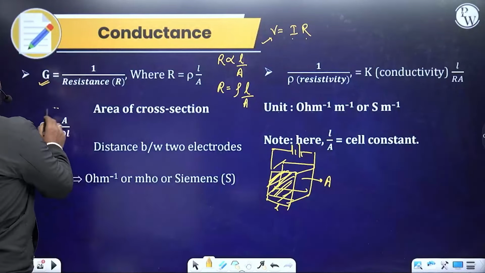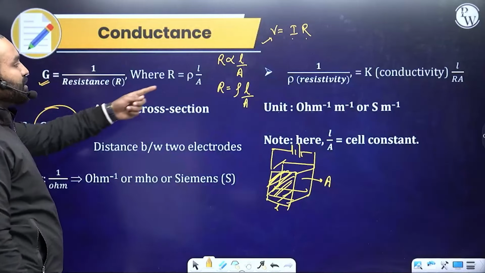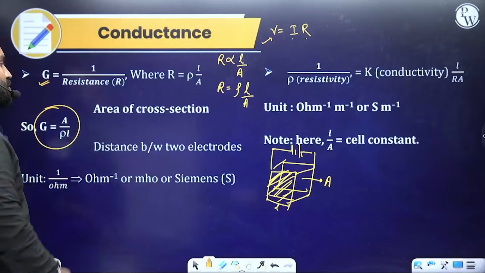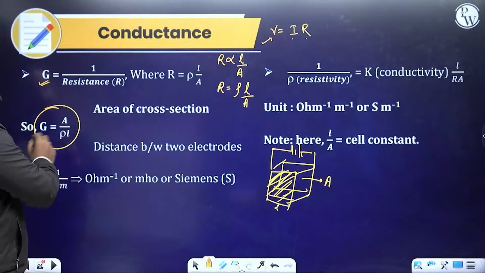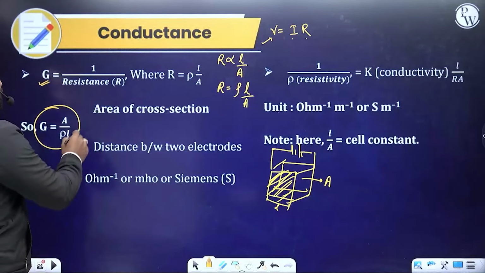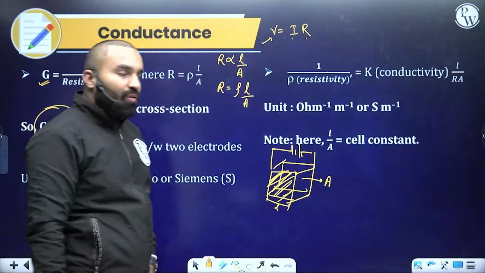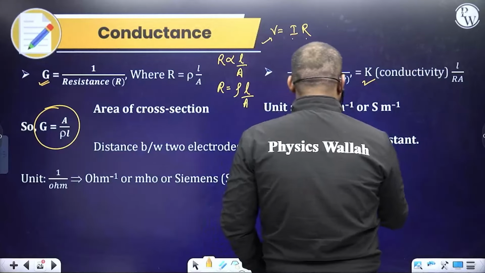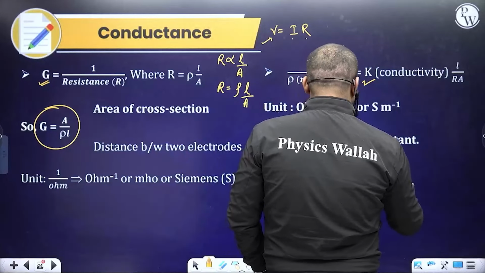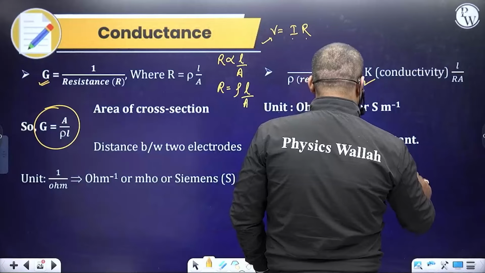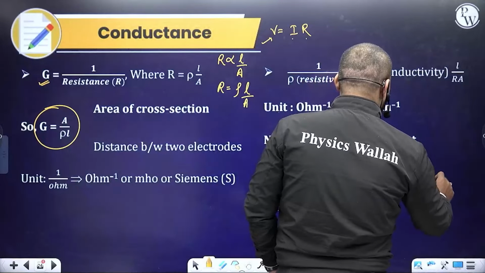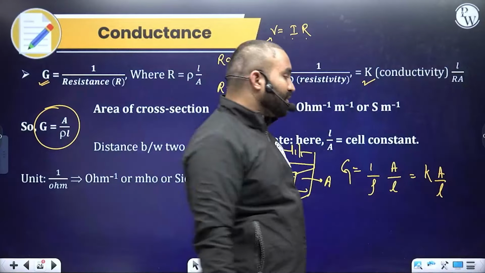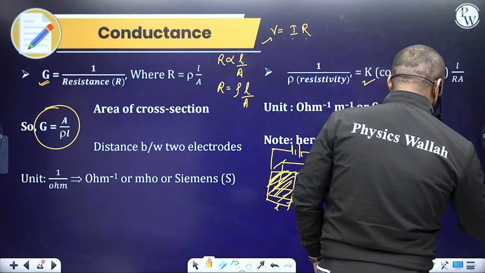Now we know R is equal to rho L by A, so G will be the reverse of it. So it will be 1 by rho into A by L, and we know 1 by rho is equal to kappa. Therefore, finally, G comes out to be equal to kappa A by L. Now let's multiply and divide by length.